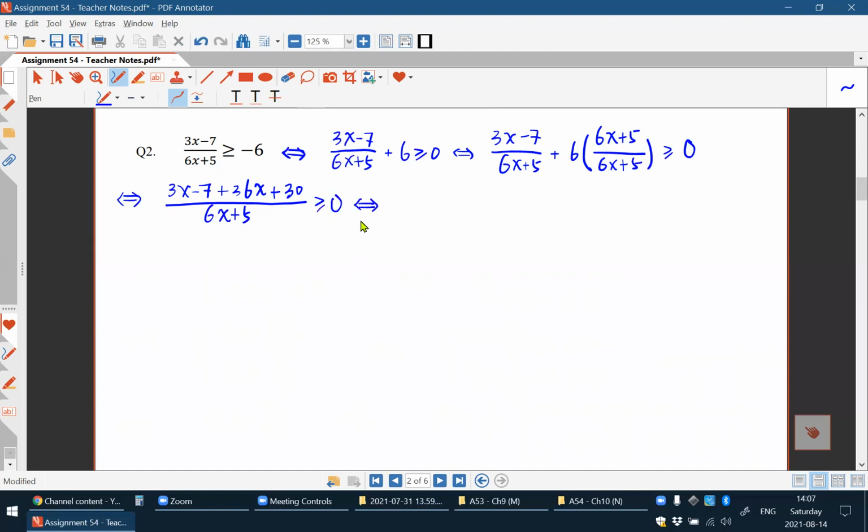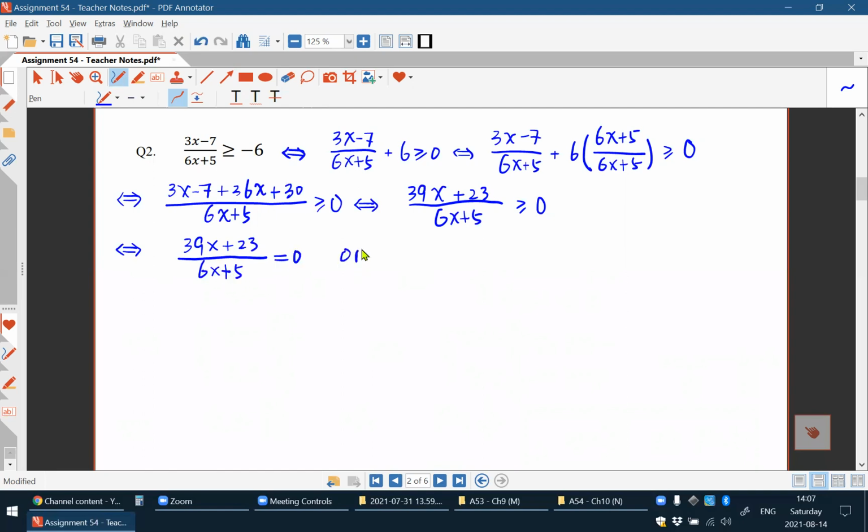Now let's simplify the numerator. 3x plus 36x is 39x. Minus 7 plus 30 is 23. Over 6x plus 5 should be greater than or equal to 0, right? And this is further equivalent to, first of all, the expression on the left-hand side can be exactly 0, right?